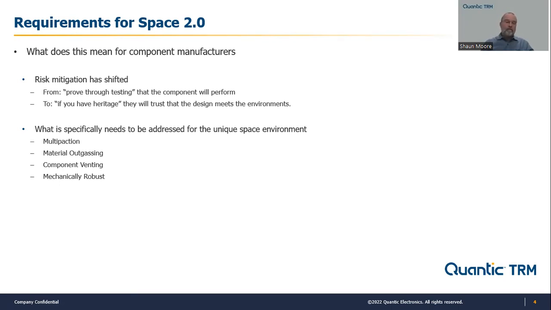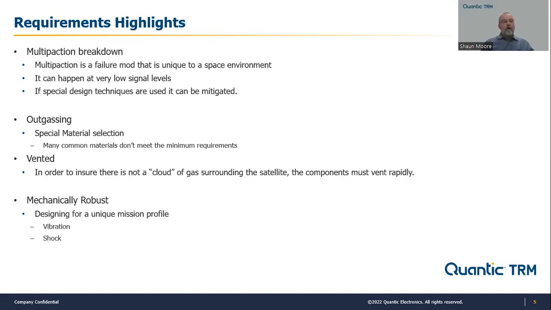Maybe could you share a few more details about each of these key concerns that you've listed here? Sure. As we're going through, one of the main things that we need to be concerned with is multipaction breakdown. Multipaction, I'm not going to go into it here, but it is a failure mode that can cause devastating effects on a satellite.